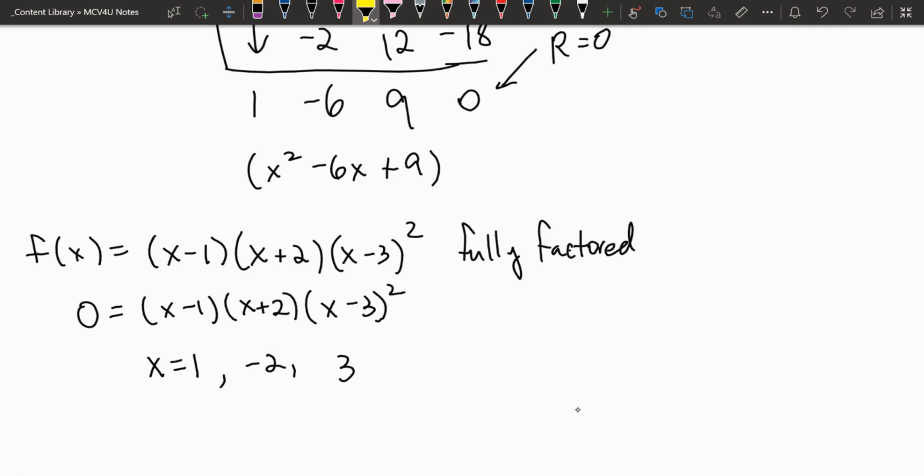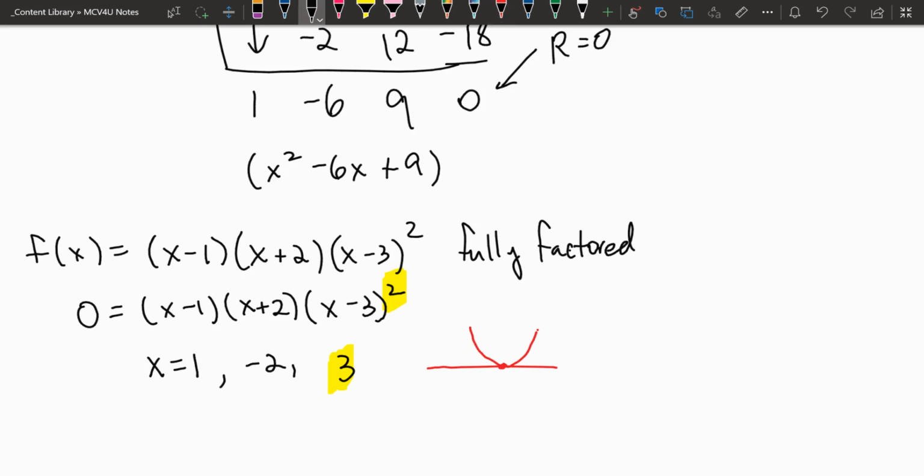And remember, in advanced functions, we said something about what happens when one of the factors is squared. Then this x-intercept, or this root, has a multiplicity of 2, which means at the root, it's not going to cross, it's going to turn around, okay? So keep that in mind. So those are the x-intercepts.